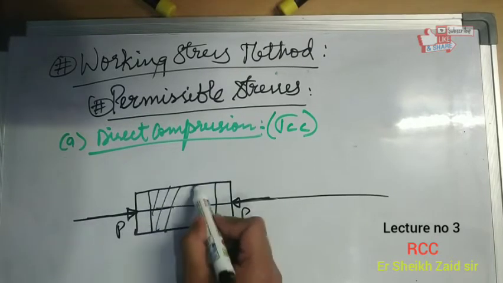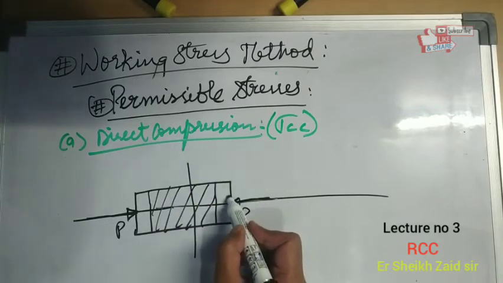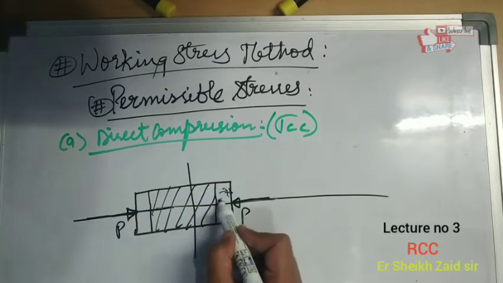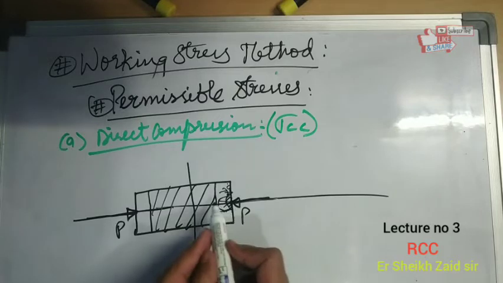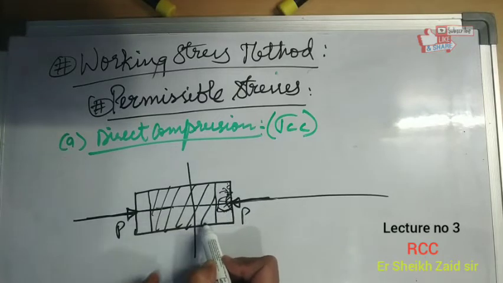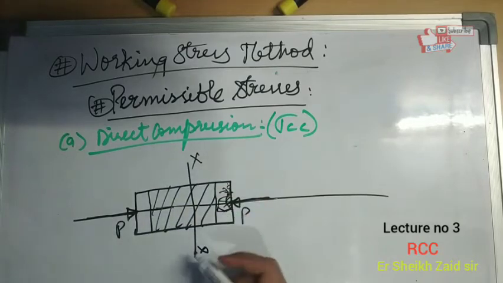If I take a cross-sectional area, I will not take it right here, because the stress distribution in this portion will not be uniform. It will be more in this zone and less in this zone. So we take the section at some distance from this, so that we get uniform stress.